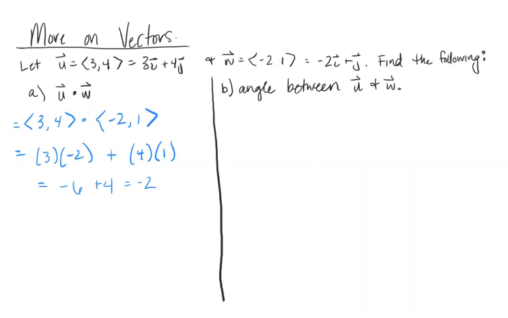Then to find the angle between two vectors, the cosine of the angle is equal to the dot product, u dotted with w, divided by the product of their magnitudes. So the magnitude of u times the magnitude of w.